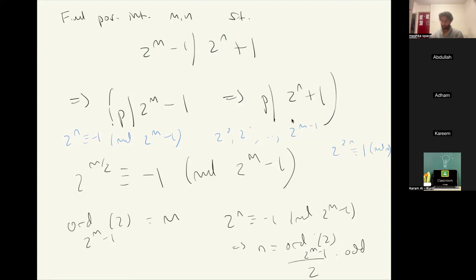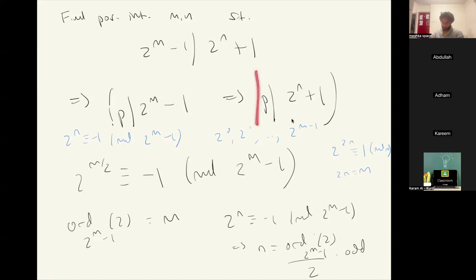So the only thing it could be is m, because 2n would have to be a multiple of m, and the only one in this range would be m exactly. Does this make sense? Yes. So n has to be m over 2. That argument makes sense, yeah? Yes. Okay.